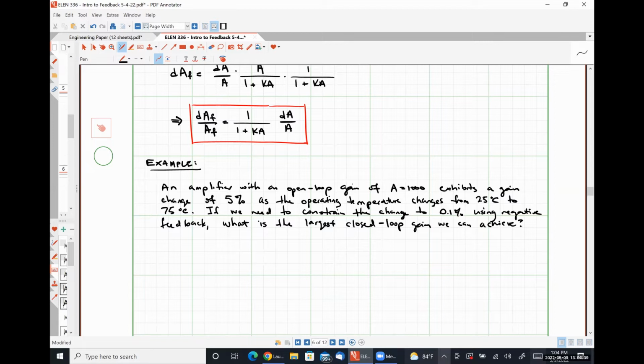So our fractional change in closed loop gain is 0.1%. This is the same as 1 over 1 plus Ka multiplied by our fractional change in the open loop gain, which is 5%.